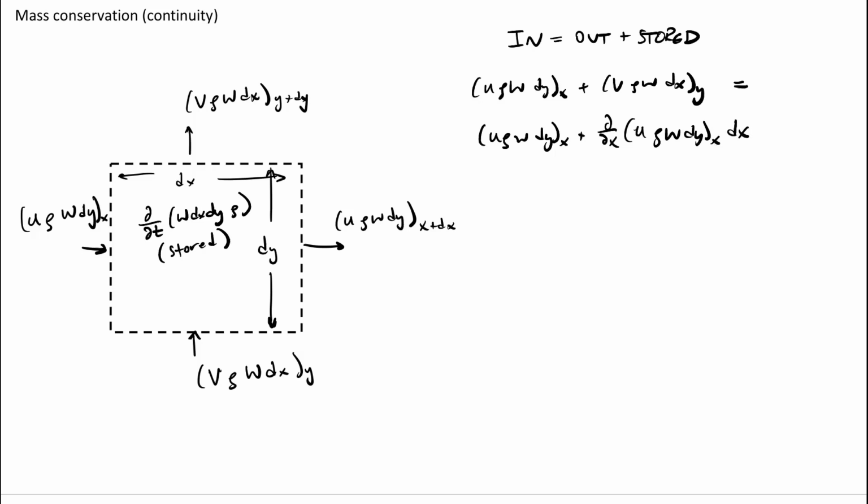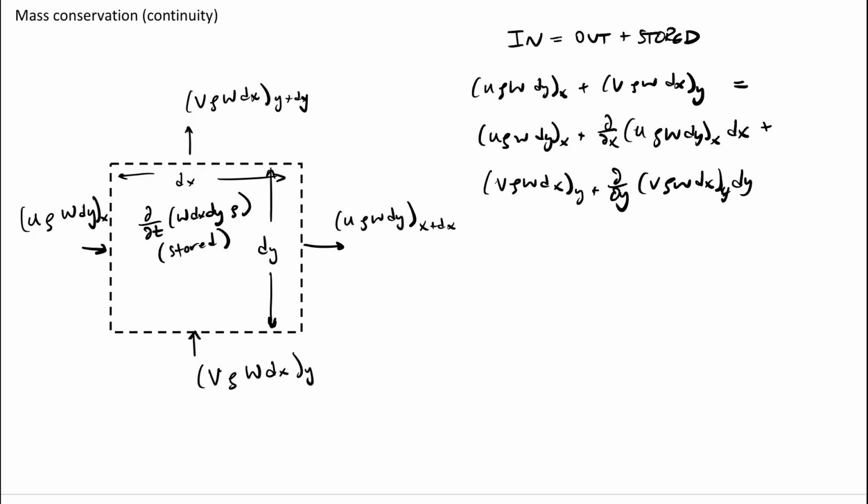That's the expanded out version of what's on the right-hand side. Do you see that okay? So that's going out. What else is going out? The same thing in the Y direction, which is V rho W dx at Y plus the partial with respect to Y of V rho W dx times dy.